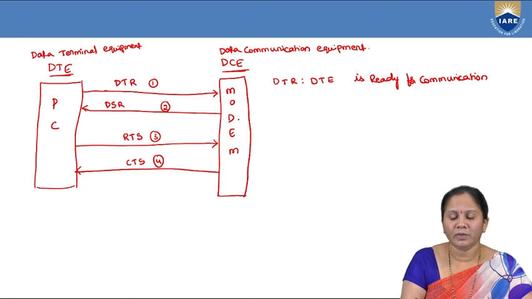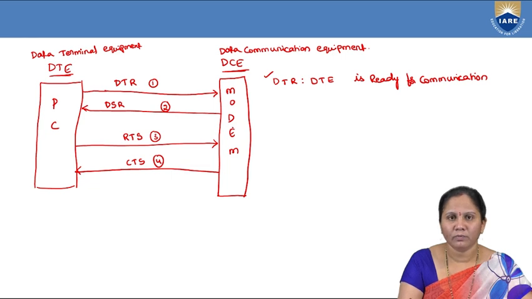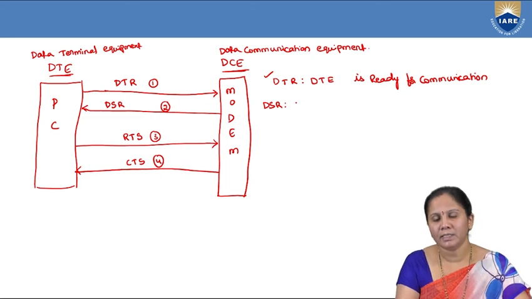Okay, so if it is ready for communication, the PC is going to send this DTR signal to the modem. Then the modem, if it is willing to communicate with this PC, is going to send a DSR to the PC. So here DSR represents data set ready.